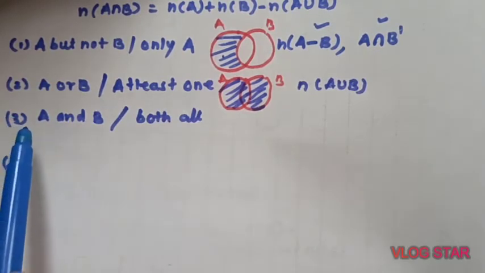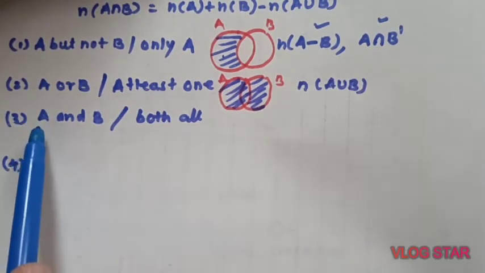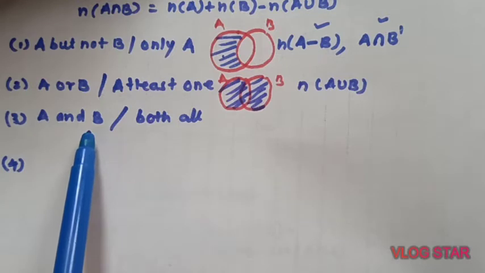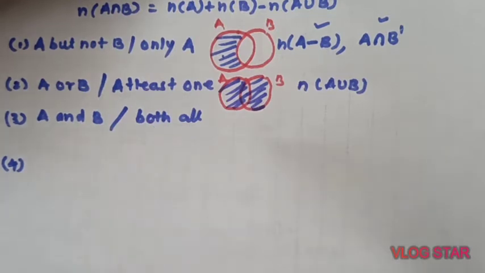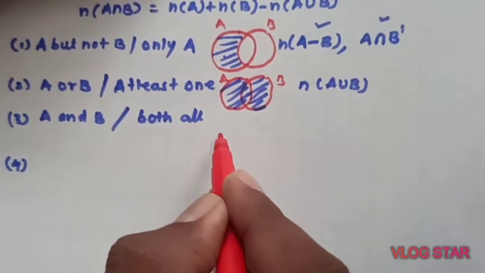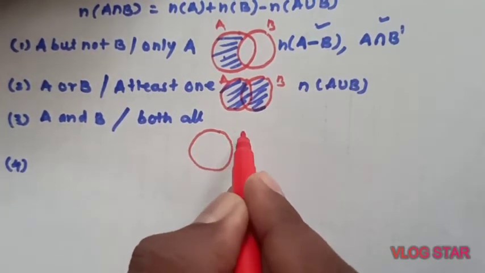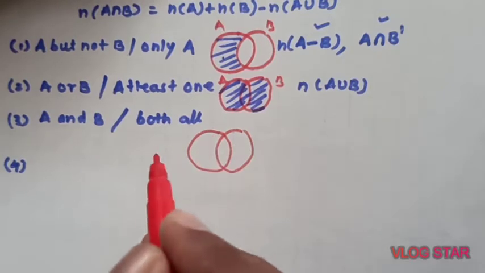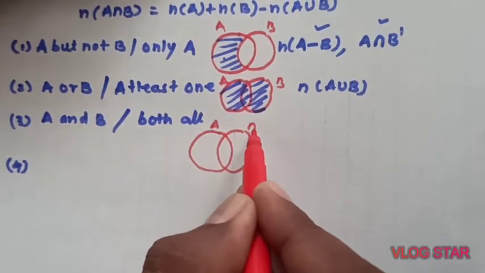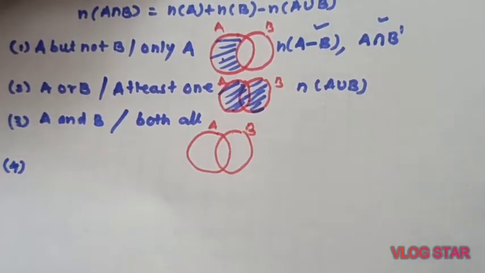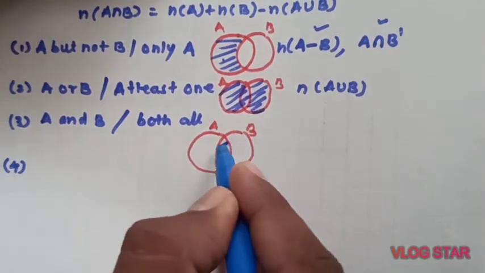Sometimes the words are like this, A and B, or in all, in both. So in that case we have to draw the Venn diagram like this. We want elements which are in A and B, means common, means both, means this region.